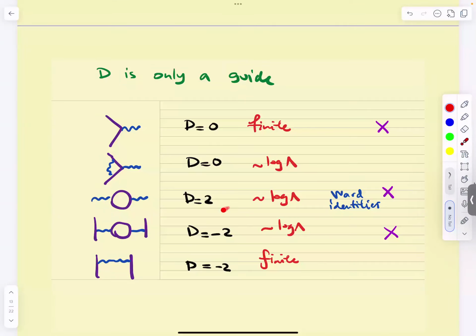But here we're seeing a different phenomenon. We're seeing a structure where the superficial degree of divergence is negative, which means that you shouldn't have any divergences, but the diagram diverges.